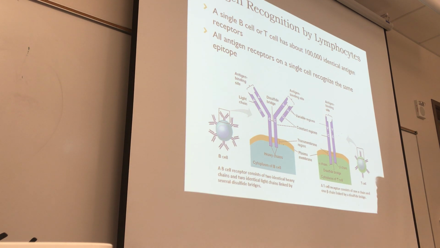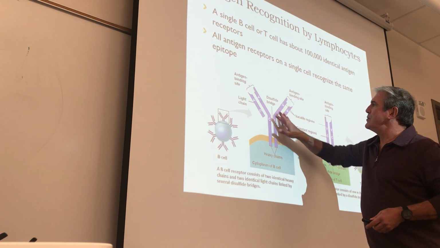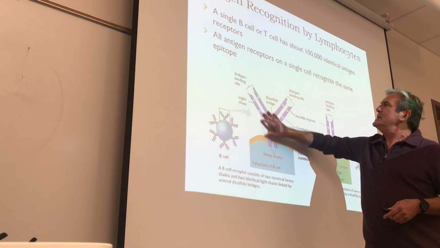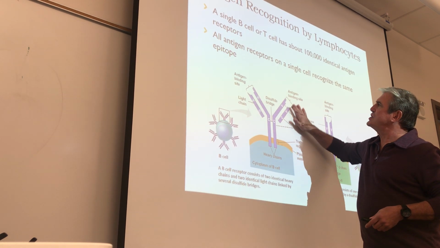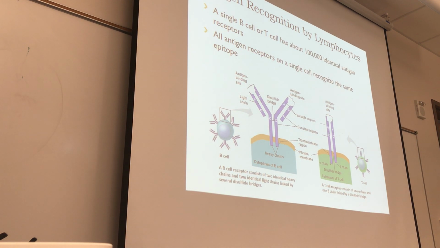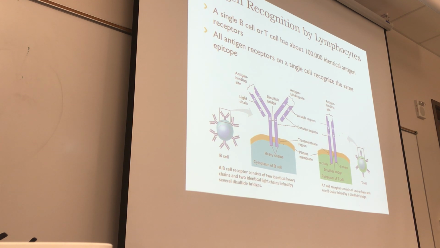What is changed or altered is this binding site. The rest of this stays constant. So this is a protein, so it's got a unique chain of amino acids, but this can be rearranged to bind to our antigen. Thousands and thousands of combinations if necessary.